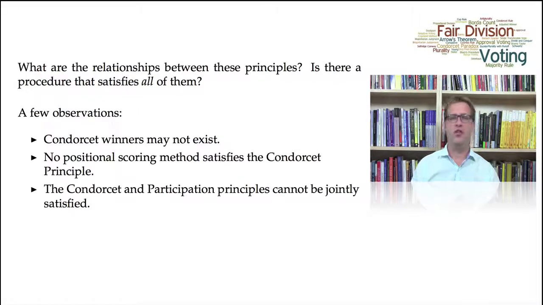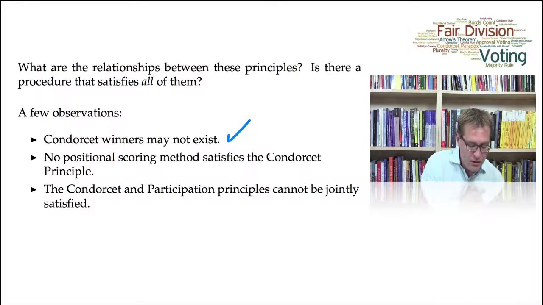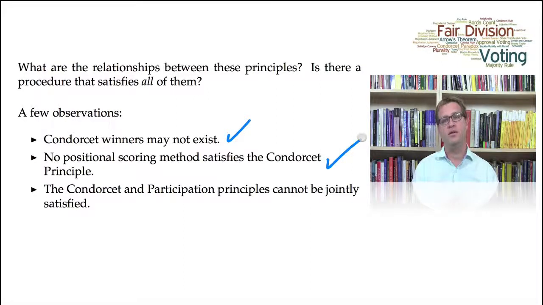Well, here are a few observations that we've already come across. First of all, Condorcet winners may not actually exist. This is the so-called Condorcet paradox. But even if a Condorcet winner exists, we know that there are always situations in which a positional scoring rule will not elect a Condorcet winner. This is the so-called Condorcet's other paradox. So no positional scoring method will satisfy the Condorcet principle.